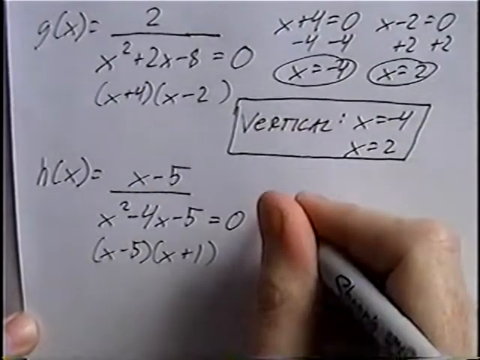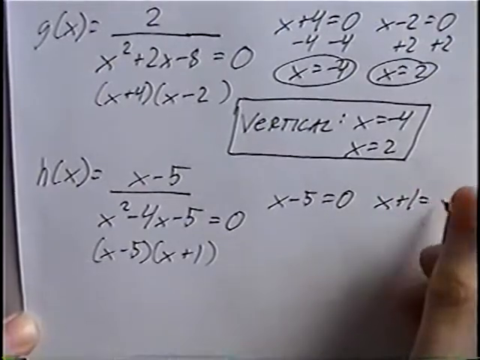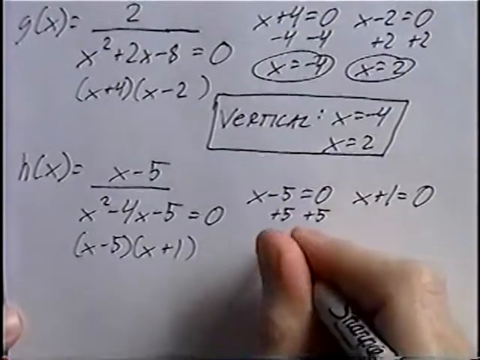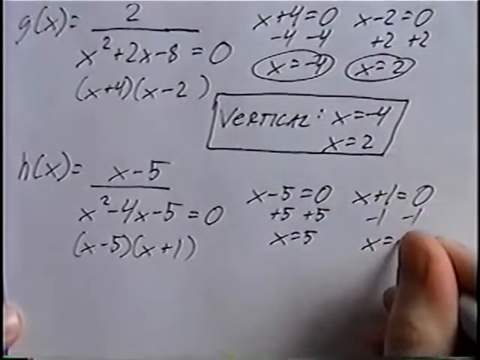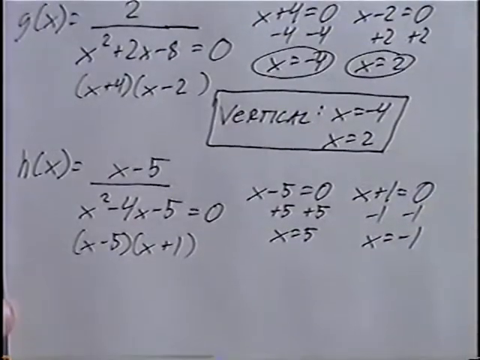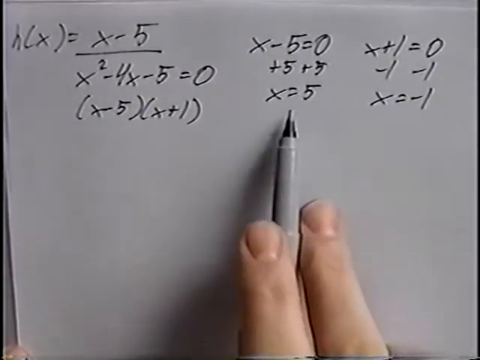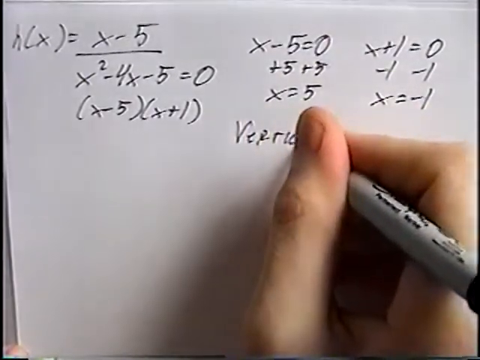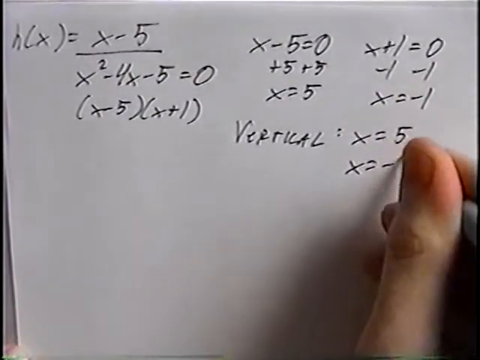And again, each of these you can set equal to 0 to find the vertical asymptotes. So x equals 5 and x equals negative 1. So again, there are two answers, x equals 5, x equals negative 1. Those would be vertical asymptotes. So vertical x equals 5 and x equals negative 1.